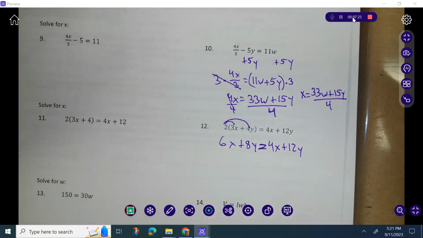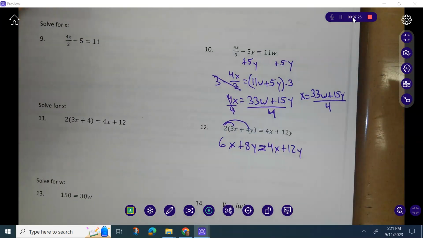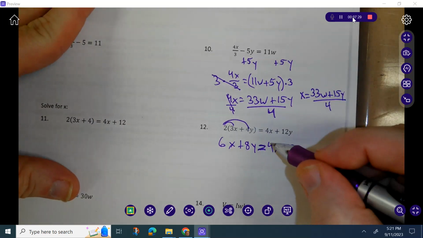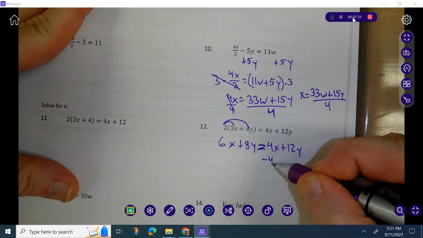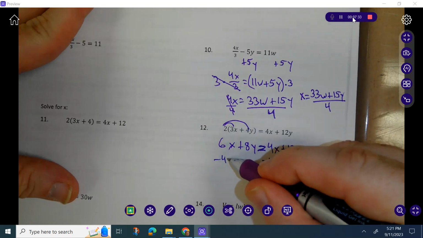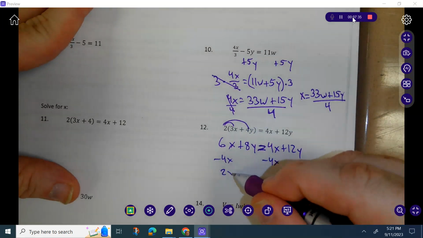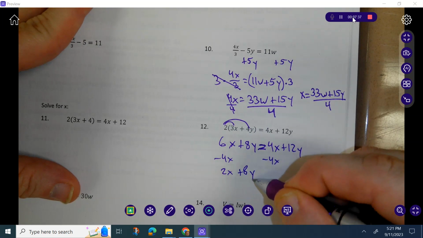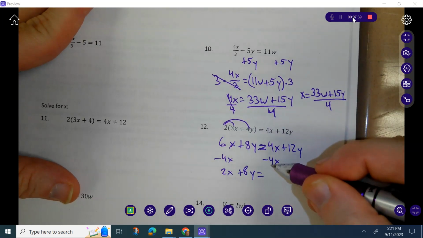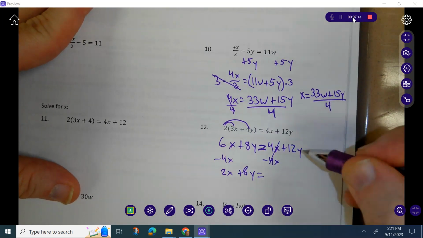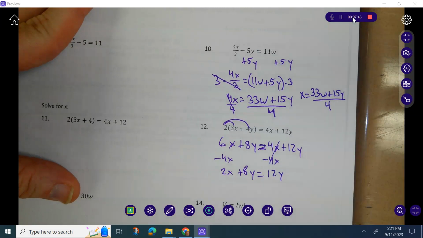They want me to solve for x, so I'm going to move the x's to the left. Because this is positive 4x, I'm going to subtract 4x from both sides. I get 2x plus 8y equals 4 minus 4, that cancels, equals 12y.